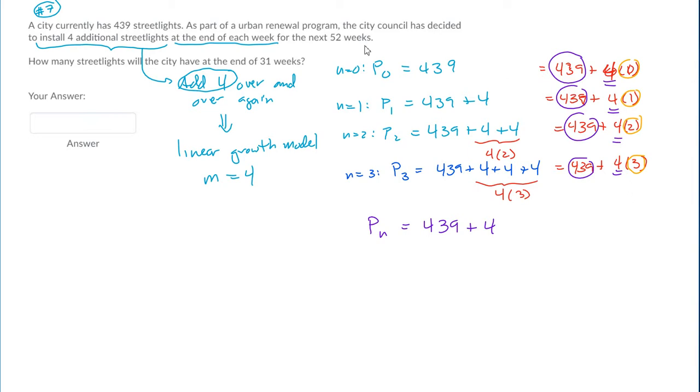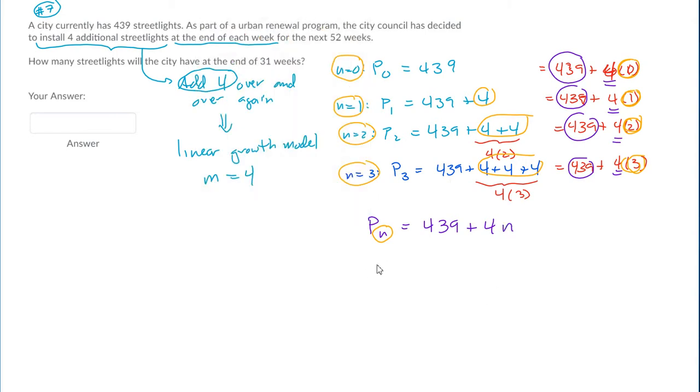At time 0, I'm using 0 of them. At time 1, I'm using 1 of them. At time 2, I'm using 2 of them, so I indicate that with a 2. At time 3, I'm using 3 of them. What about at time n? I'm going to add n of them, right? So it's 4 times n.